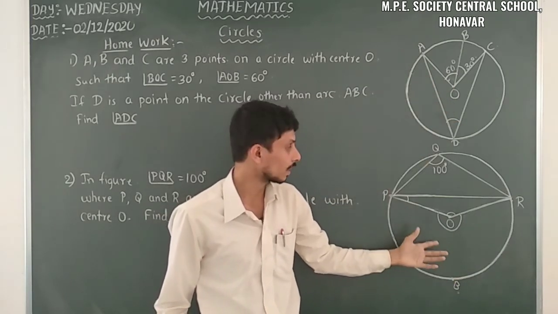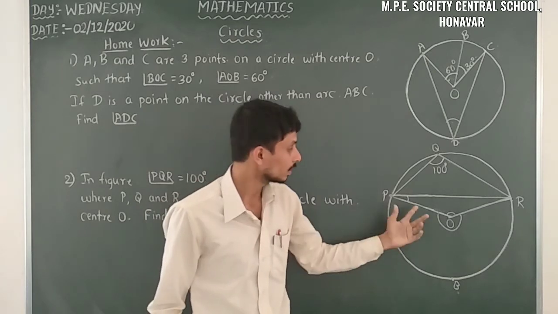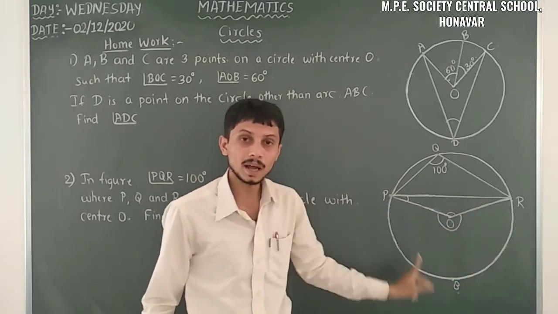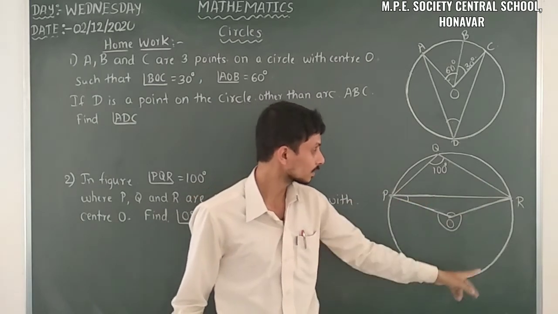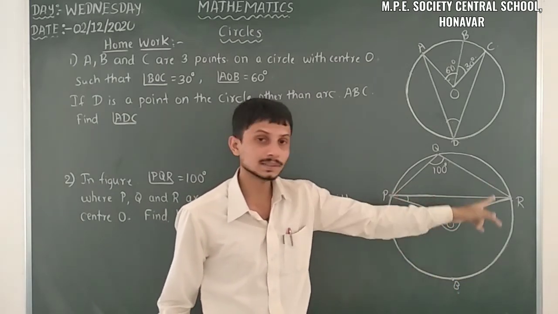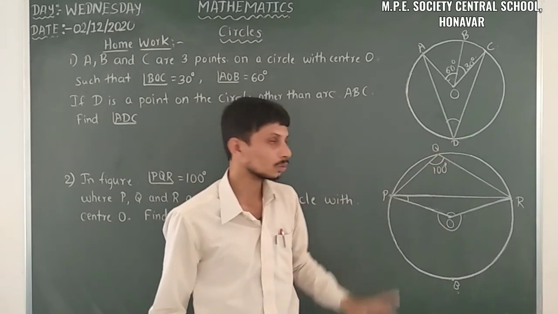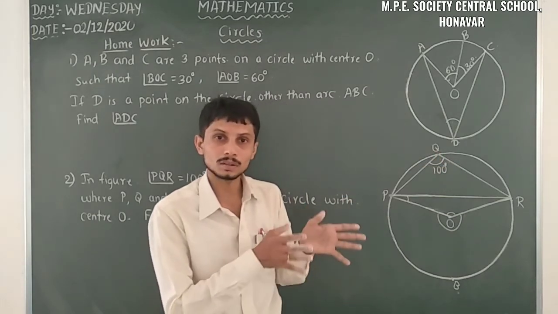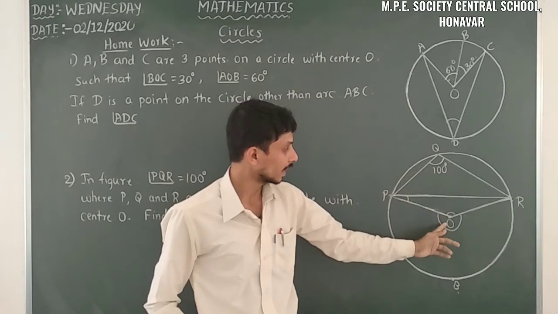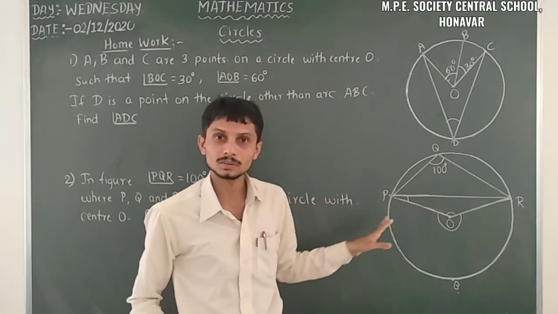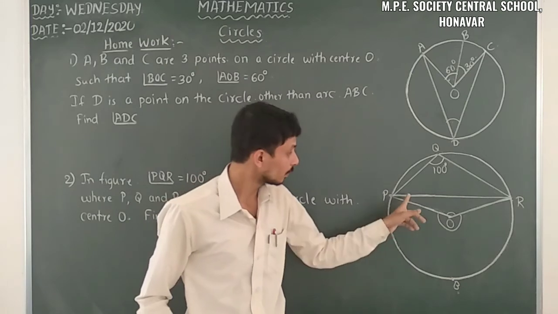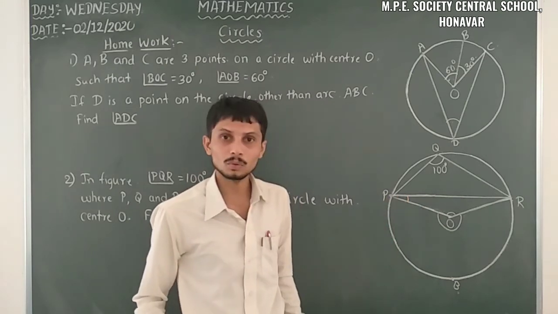This arc PBR subtends an angle at the center O, and the same arc subtends an angle at Q. This angle is equal to 2 times this angle. From that we can find this angle. And here we want to find angle OPR.